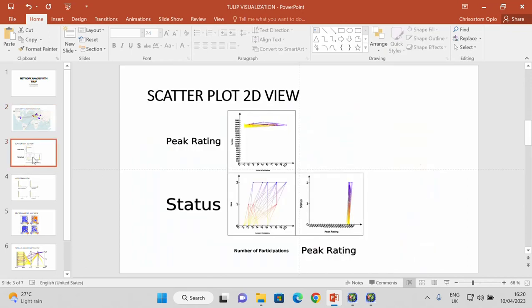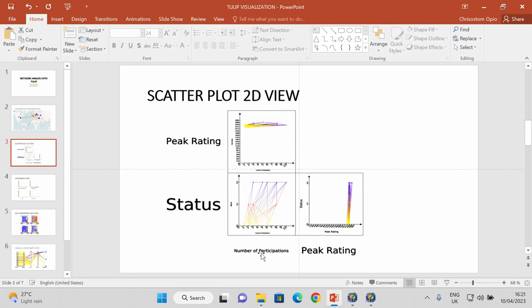Then when you look at another visualization, we look at the scatter plot or 2D view, where we have peak rating. It has three different graphs.